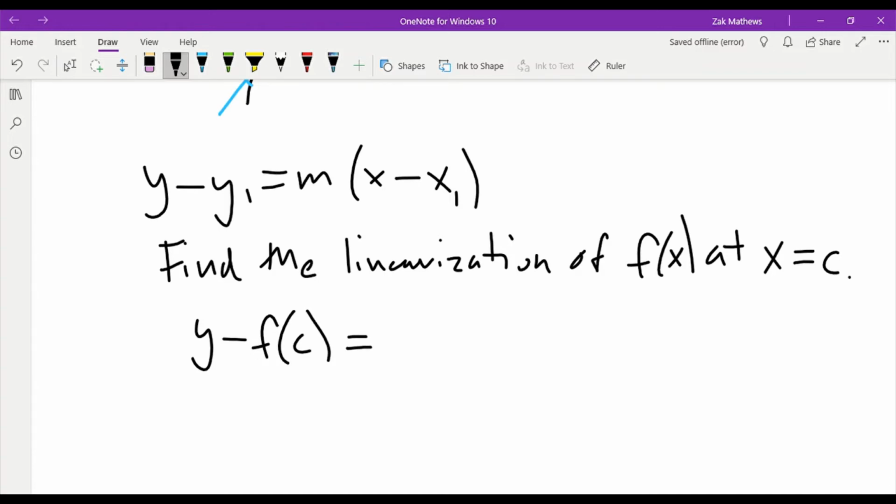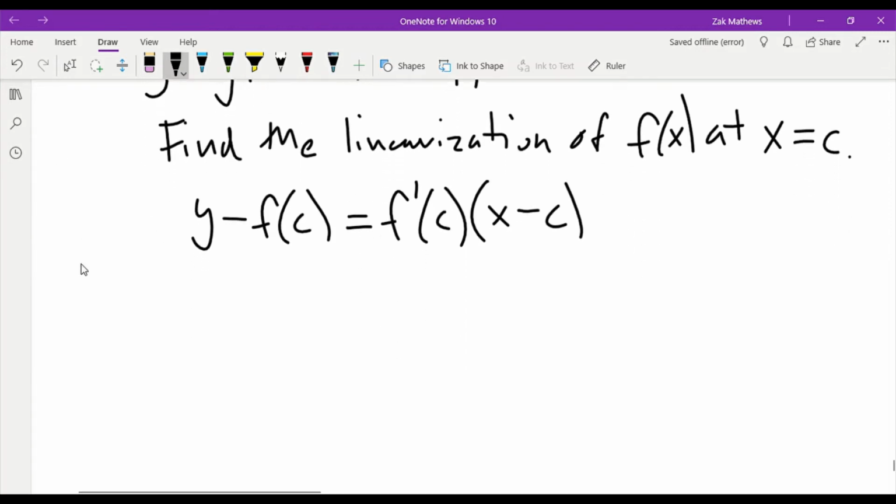Well, how do we find the slope at a tangent point? We have to find the derivative. So f prime of c, times (x minus c). And to get the equation by itself, I'm going to add that f(c) over.